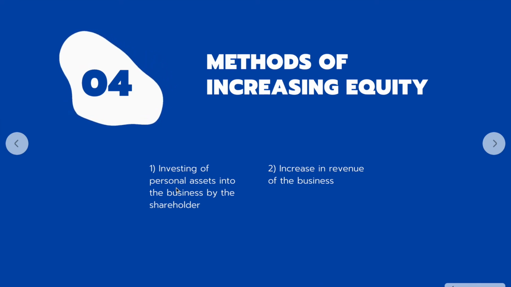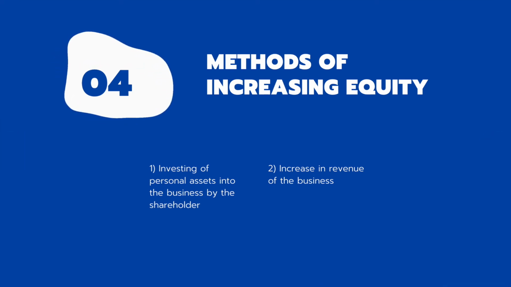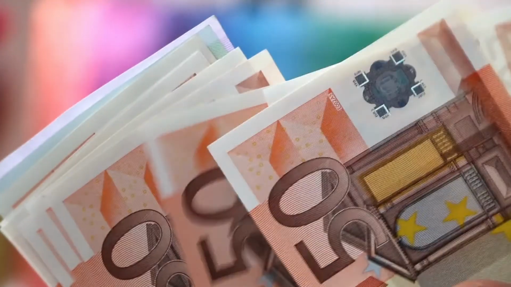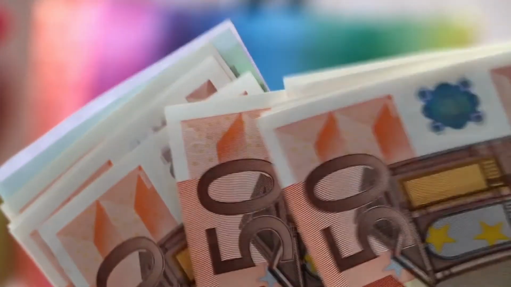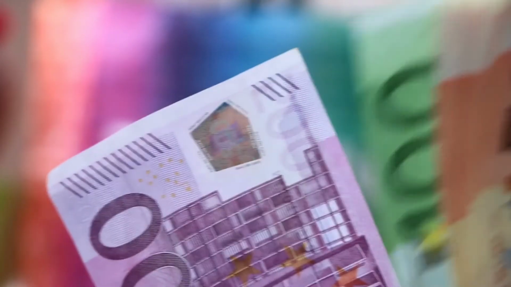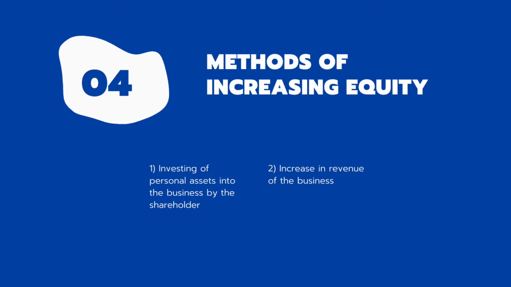Investing of personal assets in the business would increase equity, but that does not mean an increase in cash in the business. You can also increase cash in the business by going out and getting a loan from the bank, but that's not how you increase equity, because that would be a liability, because you're taking on a loan or taking on debt to grow the business.